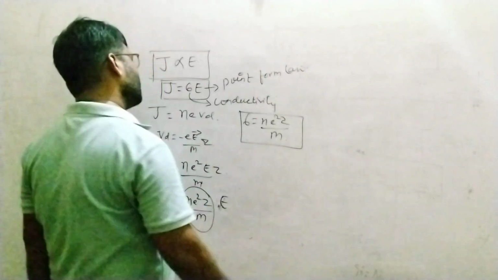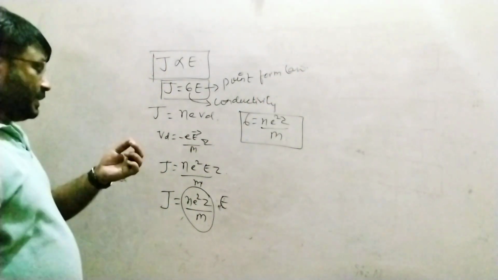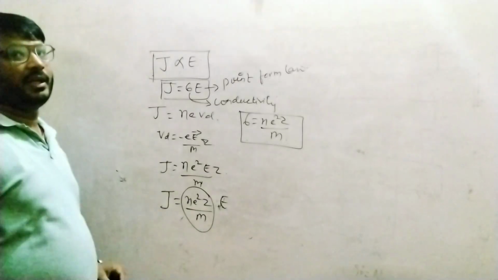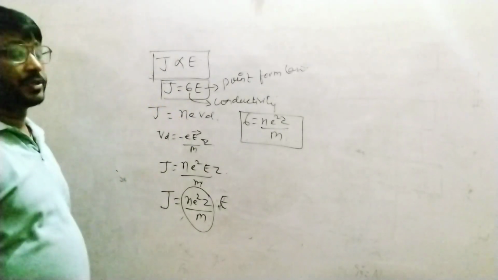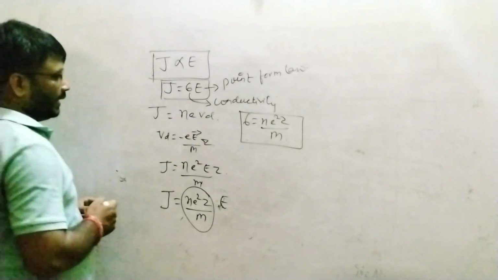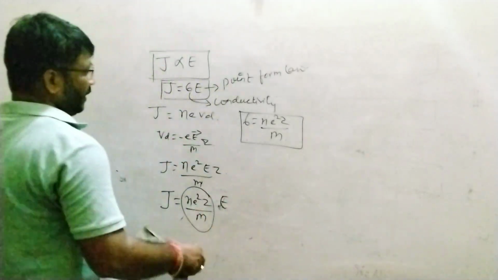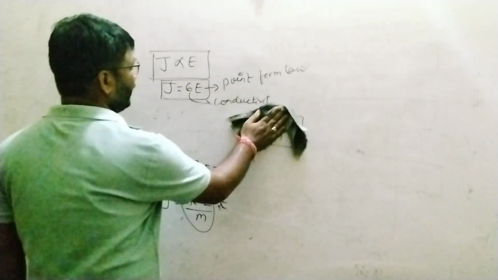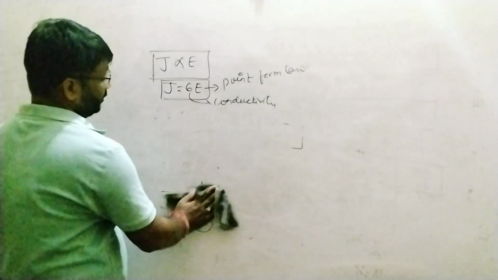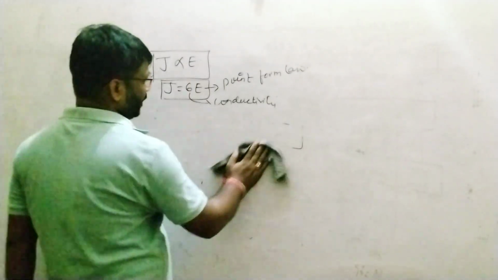So this J, current density, is directly proportional to the electric field. This is the point form of Ohm's law. Now we will derive Ohm's law, that is V = IR, from the point form of Ohm's law.